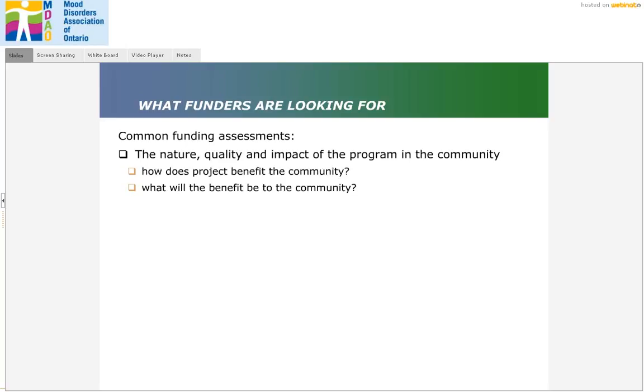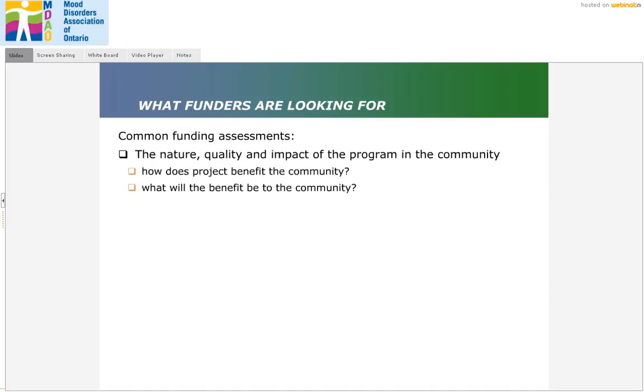How does the project benefit the community? What will the benefit be to the community? So, of course, not just within your organization and within your immediate constituents, but how will it be impactful outside of your organization with regard to the community?